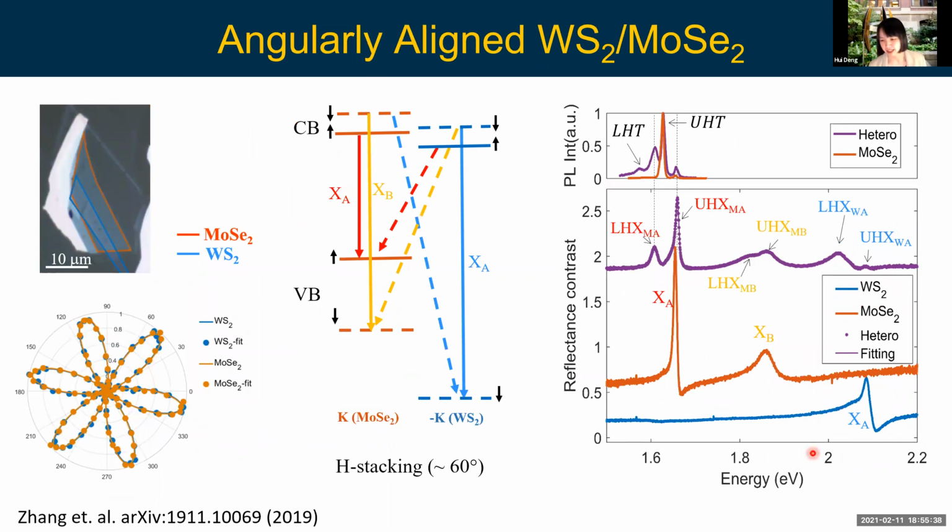So here is an example where we can see the many resonances of those intralayer transitions in one monolayer and in another monolayer. But when we stack them together, every one of those resonances splits into two because they become hybridized. Every one of these intralayer transitions becomes hybridized with the interlayer transition.